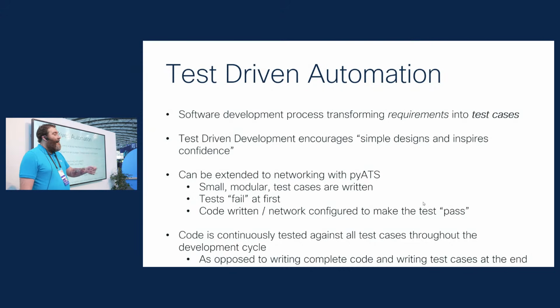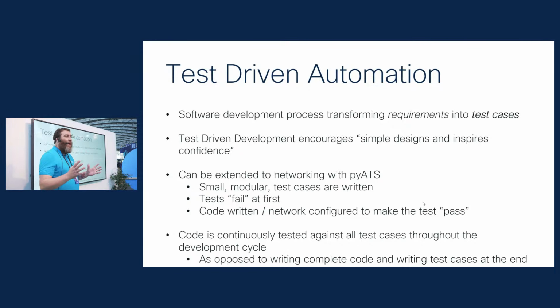This can be extended to networking very easily, a nice parallel path from the software development world into the network engineering world with small modular test cases that we write against the network. Now, this might sound counterintuitive, but with test-driven development, when we write a test, it should fail. We want the test to fail initially.